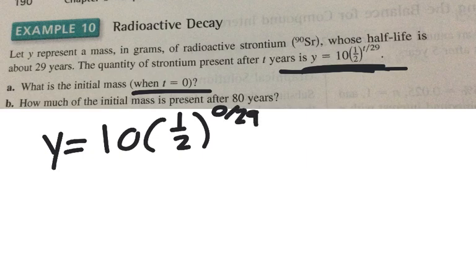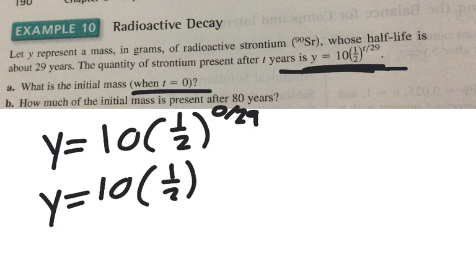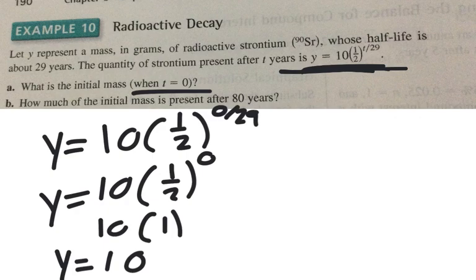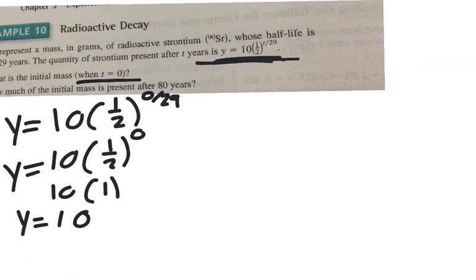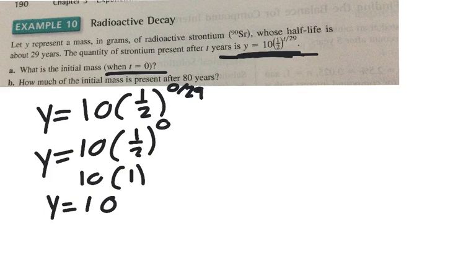You can put this straight in your calculator, but I don't have to, because 0 over 29 is 0, and 1/2 to the 0 power is 1. So at the very beginning, my y should be 10. I didn't have to use my calculator on that one because I got an exponent of 0. Anything to the 0 power is 1.